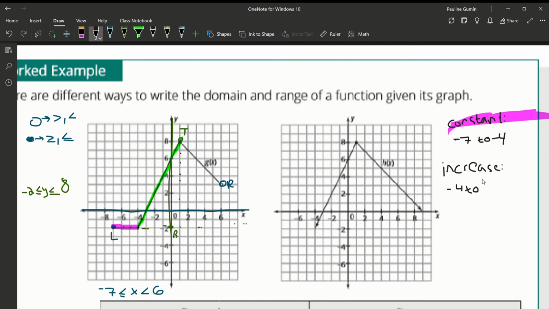Yeah. We're looking at the x's, by the way, not the y's. And then I see one more section here. It goes from 1 to 6. And we're going down, so we're decreasing. From 1 to +6. And let's color code that as well.